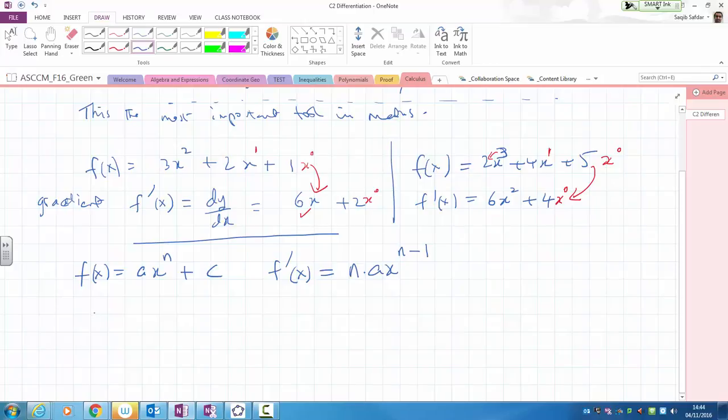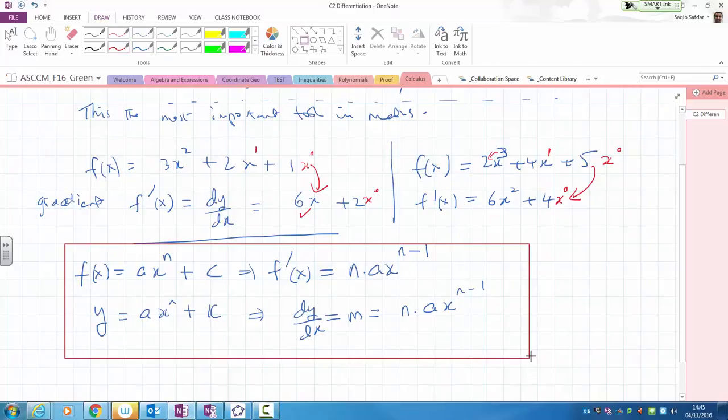I'll write this using the y notation. y equals ax to the n plus c. Then it follows dy over dx, which is my gradient, equals n times ax to the n minus 1. So that is written using 2 different notations.